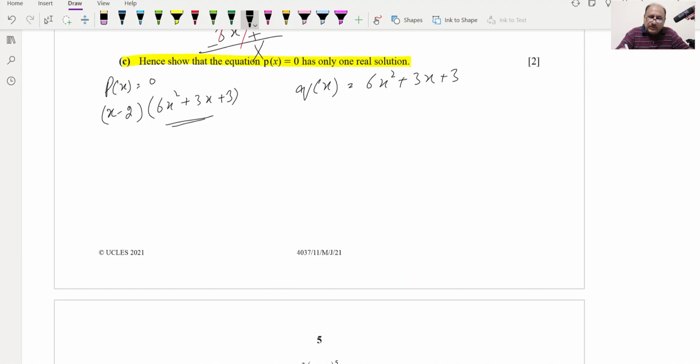If we take this one, we will check b squared minus 4ac for this equation. b is 3, so it will be 3 squared minus 4, a value is 6 and c value is 3, so this will be 9.